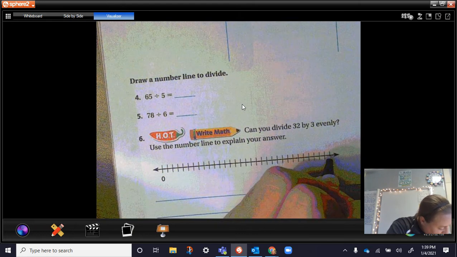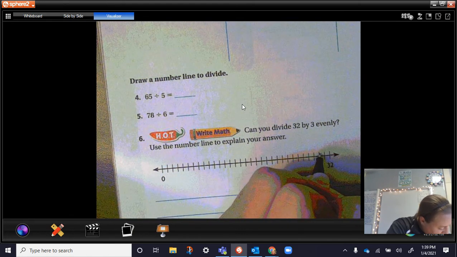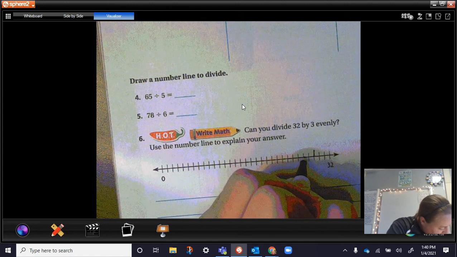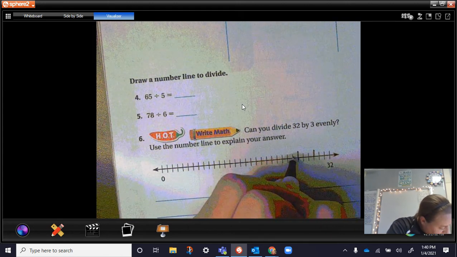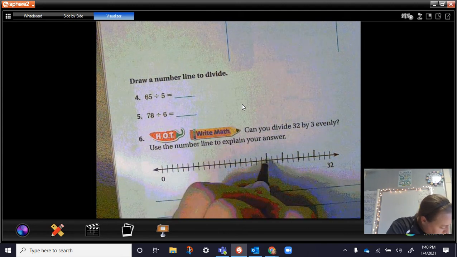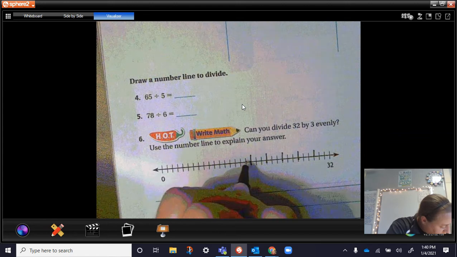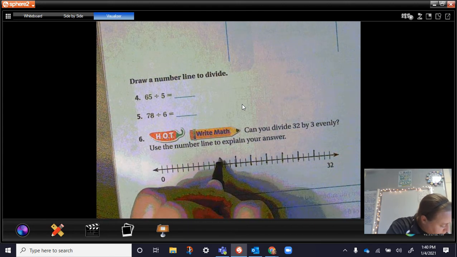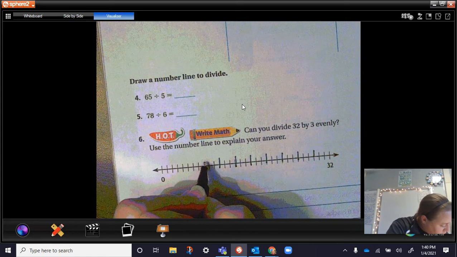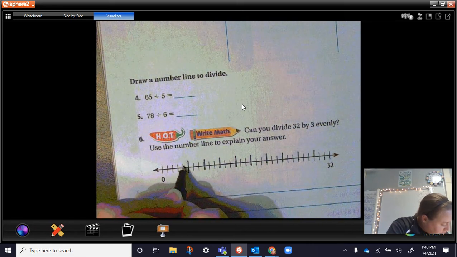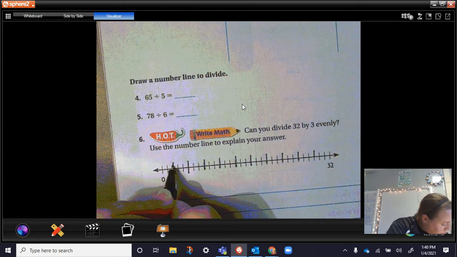So that would be 1, 2, 3, and so on, each jump going back 3.